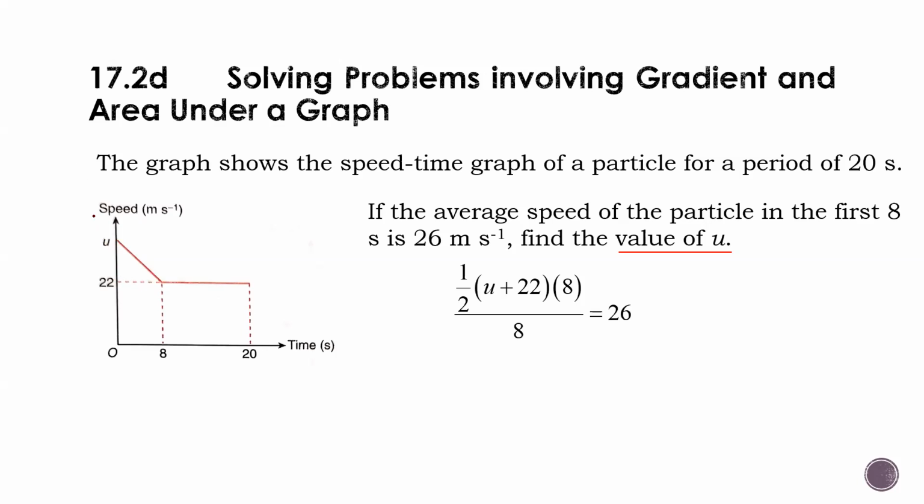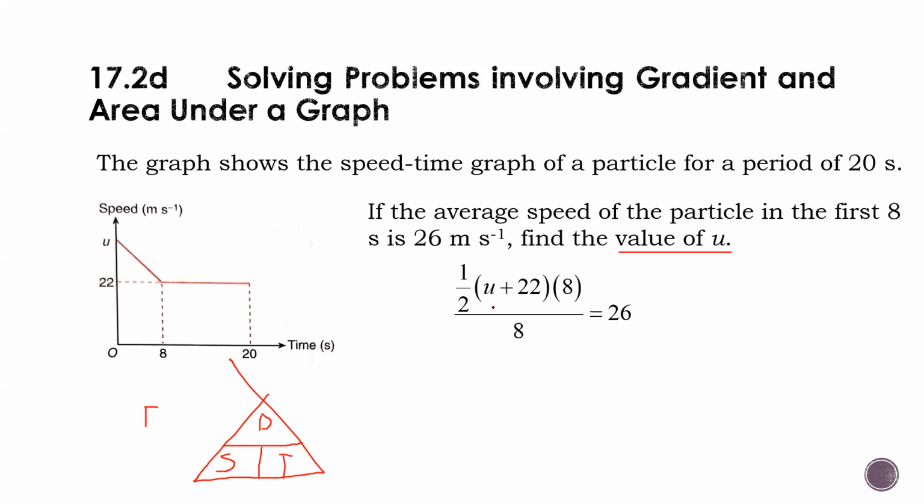Average speed is actually total distance over time.